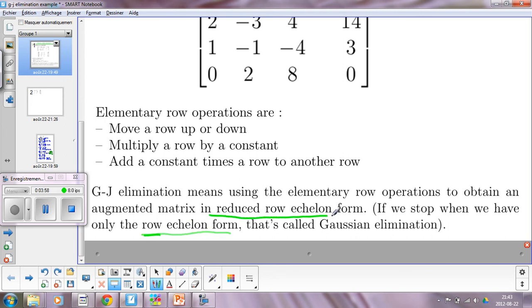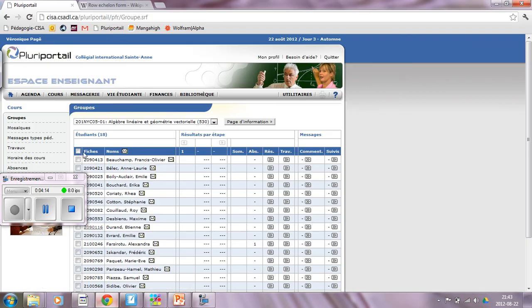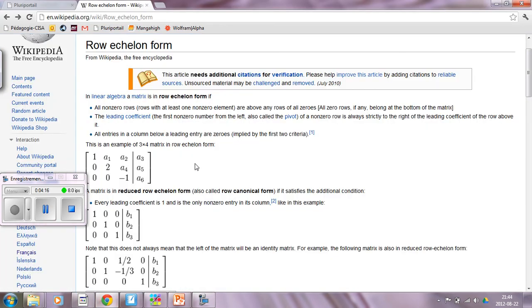If you don't know what these forms are, you should probably open your Anton book on page 11, I believe. Yeah, it's on page 11. If you don't have the book, you should go and look up Wikipedia and find the definition of row echelon form. The example they have here is pretty good.